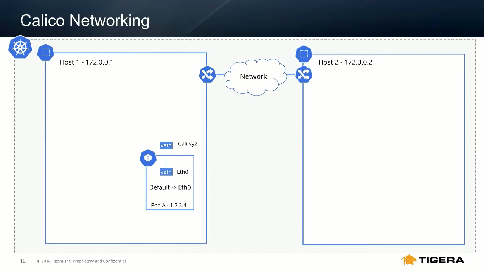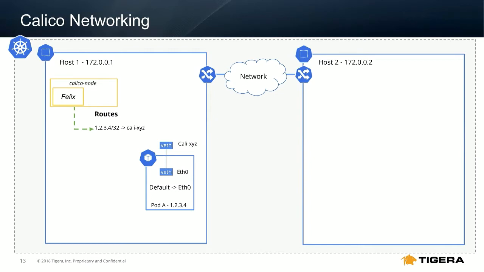Calico CNI creates the workload ID in the data store. And separately, we have another Calico node agent, which is running as a daemon set. So that is a pod that gets automatically started on every worker node in the cluster as the worker node bootstraps.